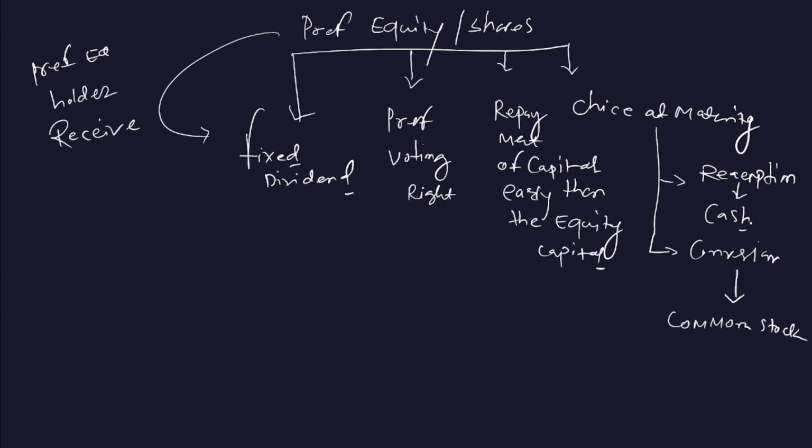That depends. So it means you have a choice at maturity. You can take the decision if you are a preference equity holder, whether you want cash or conversion into common stock. These are the important features which you would see.